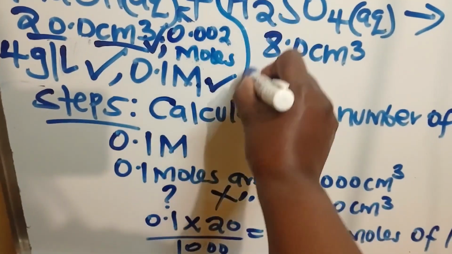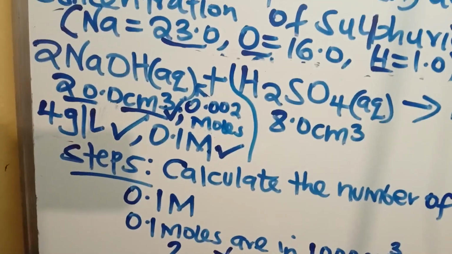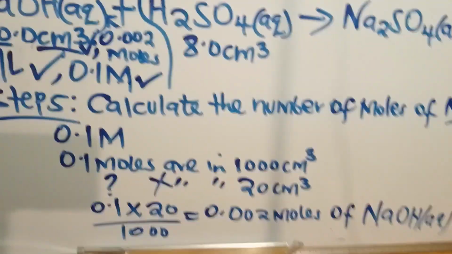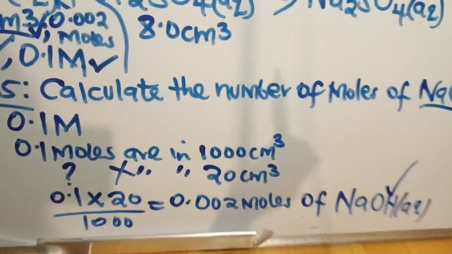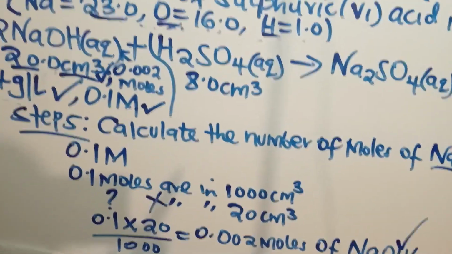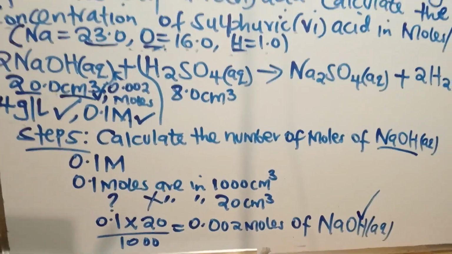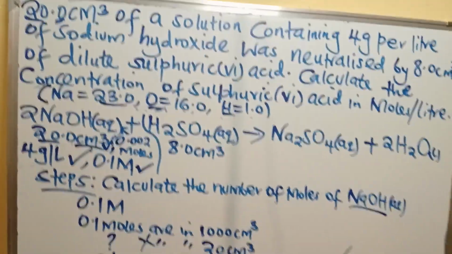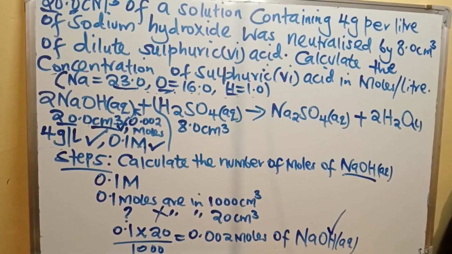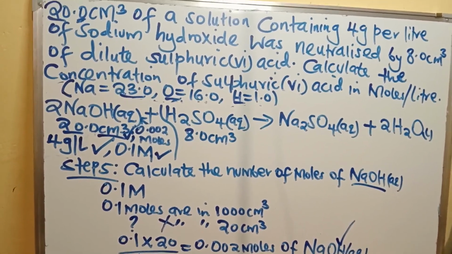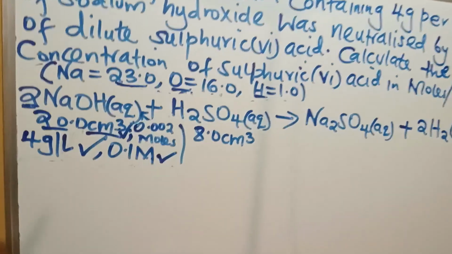We are still on the side of sodium hydroxide. So those are the number of moles that we will use in the next step, step 6. So I hope you can still see as you continue following step by step. So on to our step number 6.